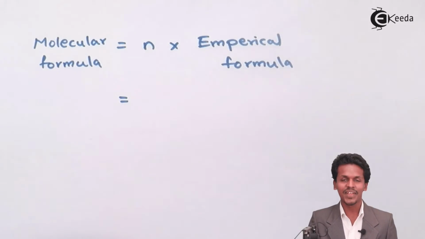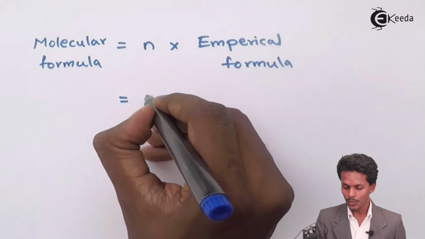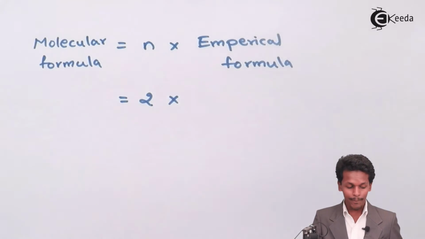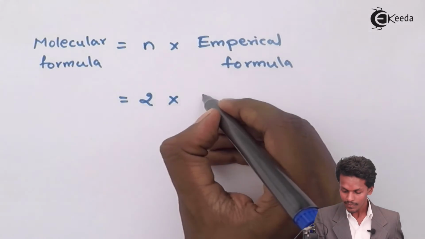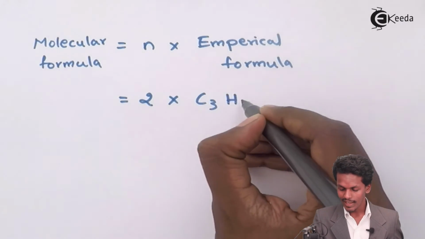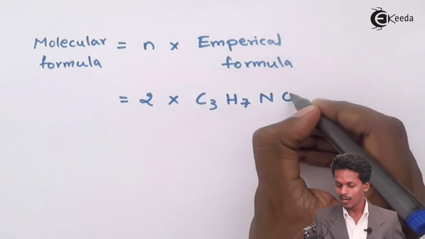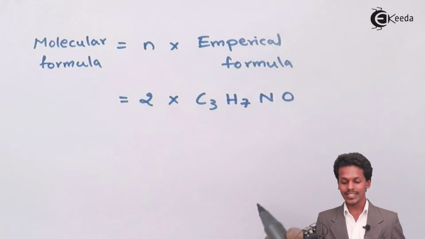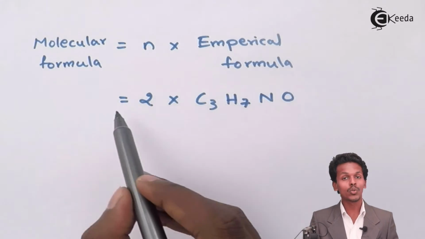The value of N is found to be 2, while the empirical formula is C3H7NO. So I will multiply the numbers by 2.